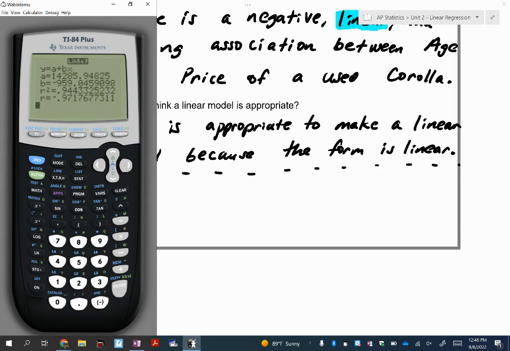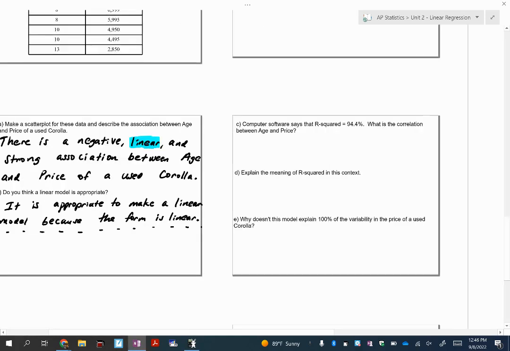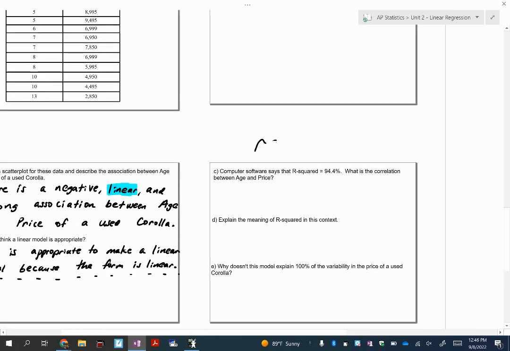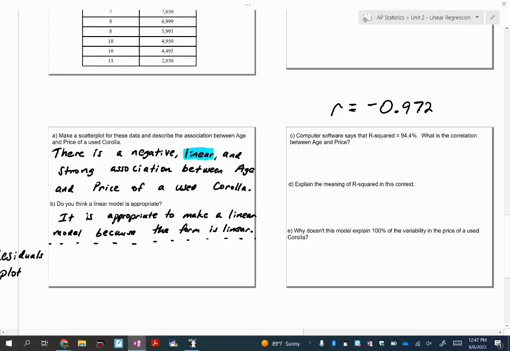All right, now hopefully you notice the same things from the last chapter, chapter 7. We got our correlation coefficient. I'm going to write this down over here: R equals negative 0.972. That confirms what I said earlier, right?